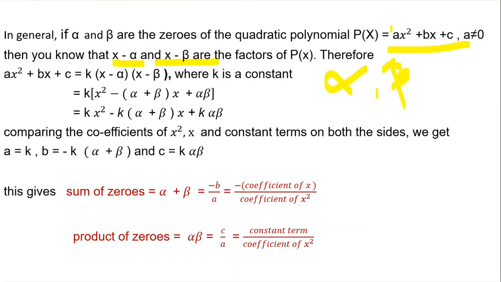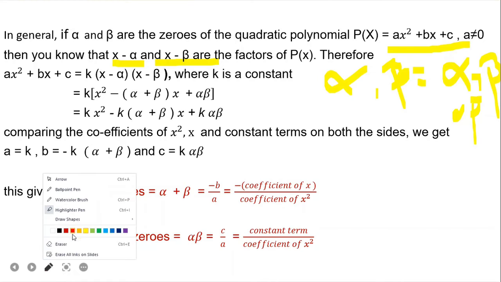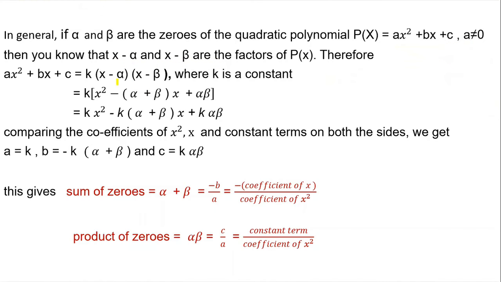Then, first step, we find the sum of its zeros, that is alpha plus beta, and the second step, we find the product of its zeros, that is alpha beta. Then, by finding those two values, we can substitute in x squared minus (alpha plus beta) x plus alpha beta, and we get the required polynomial equation.